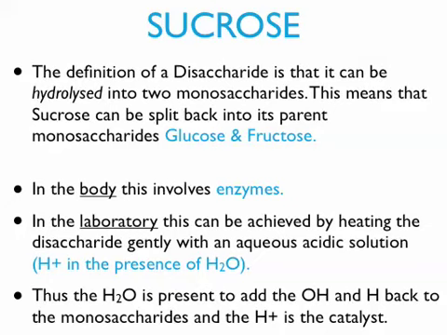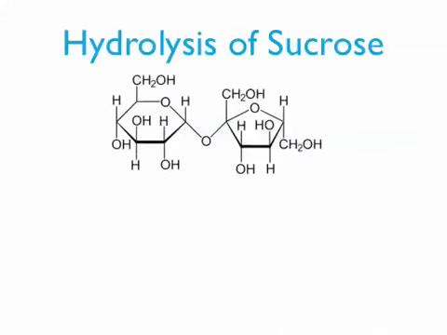So it's a catalyst in this reaction. This catalyst, which is a strong aqueous solution of a strong acid, allows water to split apart, donating back a hydroxide and a hydrogen to the parent molecules of glucose and fructose so that they can then exist again on their own. That's what hydrolysis is. It's the reverse of condensation.